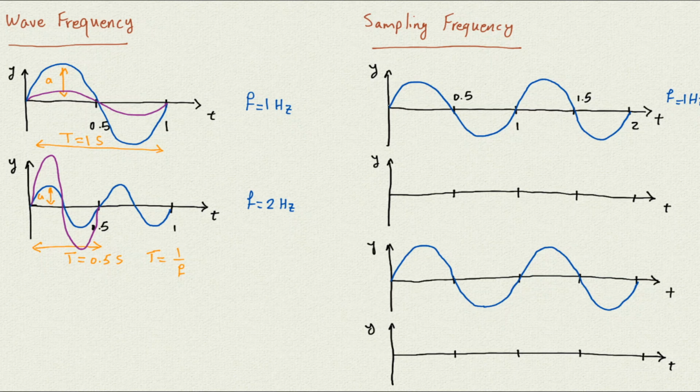It records this data point here at 0 for the first point, then goes 0.5 seconds and picks up this data, then again 0.5 seconds, and again, and the same thing here. It only picks up zeros. So if I tell my instrument to measure this wave every 0.5 seconds, this configuration only records zeros, so it's not going to be helpful.